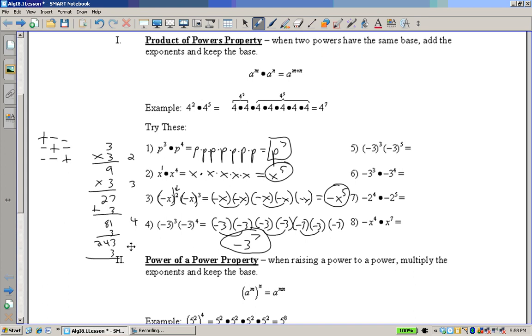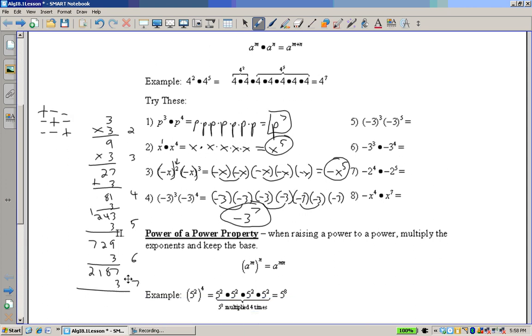Times 3 again, that's 5. 729. And we've got 2 more to go. Times 3, 2,187. That's 6 threes. Times 3 again, it's going to be 7 threes. 6,561. For the sake of the notes, though, we could just leave it as negative 3 to the 7th.